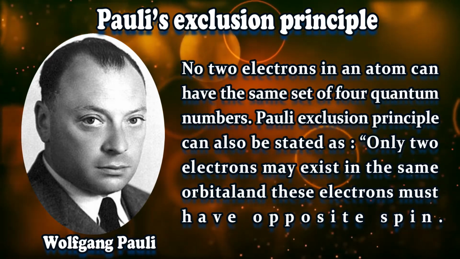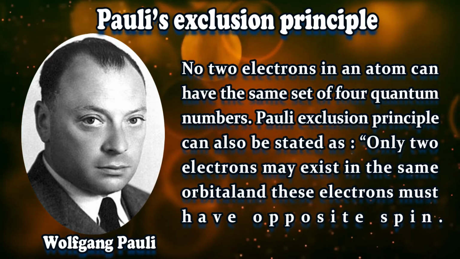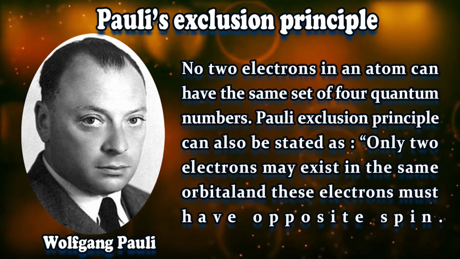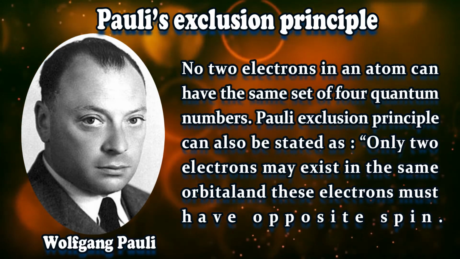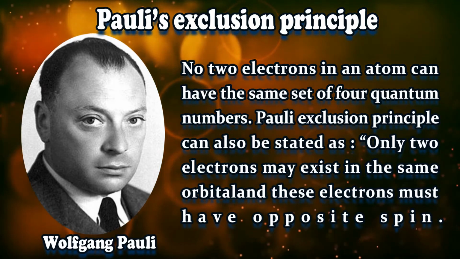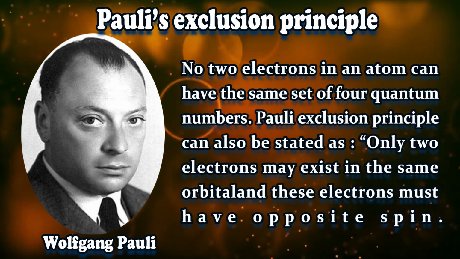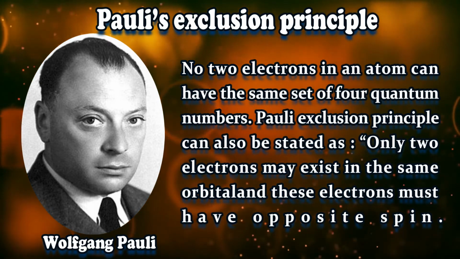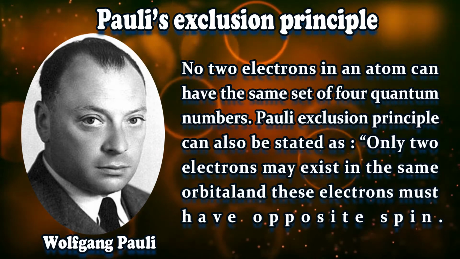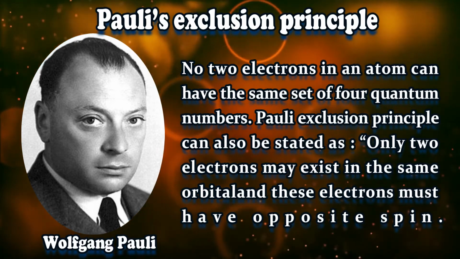The principal quantum number for these 2 electrons residing in the 2px orbital will be 2, right? This will be followed by the azimuthal quantum number. For p orbital, the azimuthal quantum number is 1. So n equals 2, l equals 1. Now for px, ml is plus 1, that also we know. So 3 quantum numbers are the same for this pair of electrons, right?